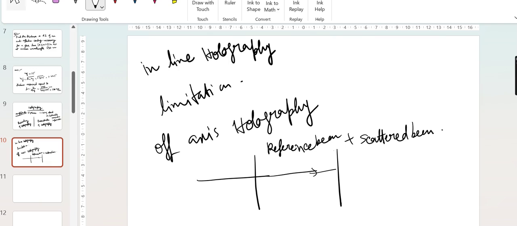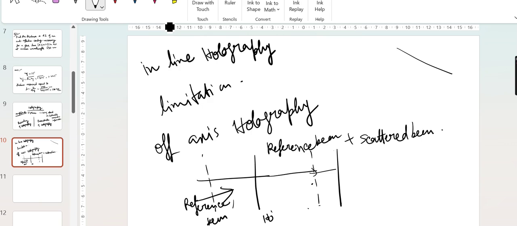So we record the holography. When we want to reconstruct it, in the place of the object we place the hologram, and we again bombard it with the reference beam. Then we get a real image and virtual image. The virtual image is here, the real image is there. So we are aiming for the virtual image.